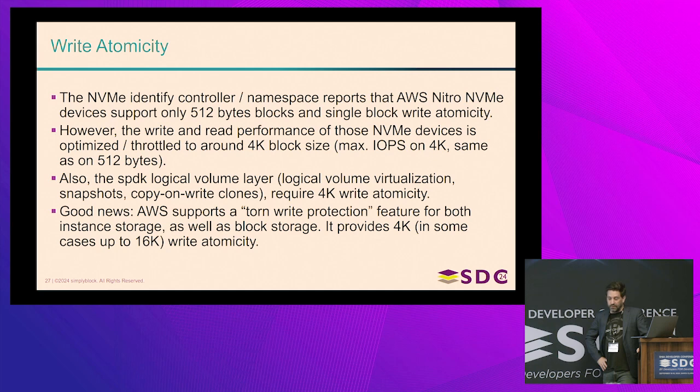But as a matter of fact, there's good news. AWS implemented a separate feature outside of the NVMe spec, called torn write protection, and it will give you write atomicity depending on whether you're on a Graviton or an x86. Either 4 kilobyte is the minimum, but even 8 and 16 they have there. So that works well for us. Even if the block size is just 512, we get this 4K write atomicity that we need higher in the stack.